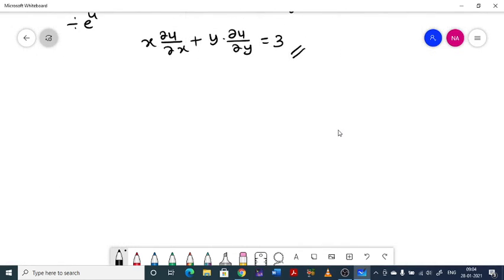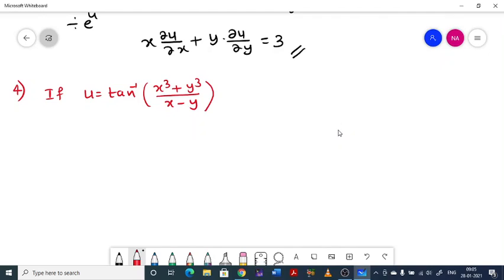Next, problem 4. If u equal to tan inverse of (x cube plus y cube) divided by (x minus y), then show that there are two statements. First one, x ux plus y uy equal to sin 2u.